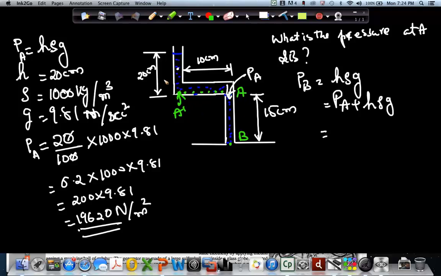What is the total vertical height? 20 centimeter plus 15 centimeter. That's all you have to do. I am just trying to explain why you find the total vertical height: it is pressure PA, which is H rho G of this, plus H rho G of this.